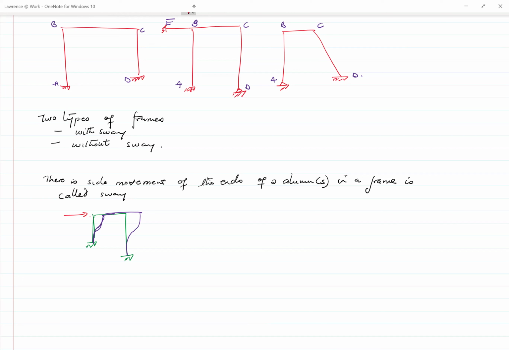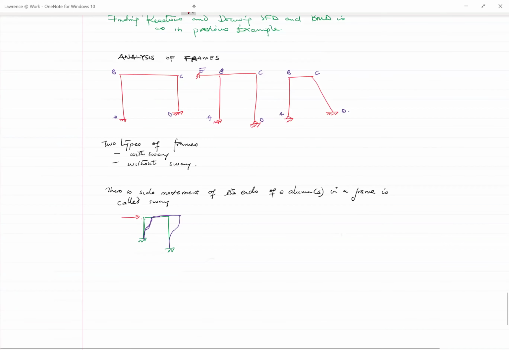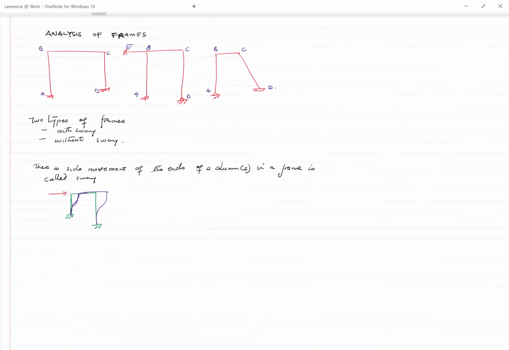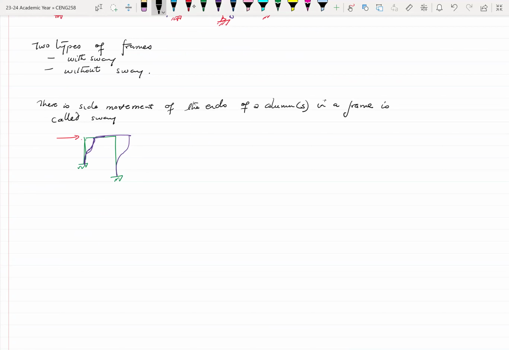Now, well, it's not all structures that when you apply some loads to it, they tend to have that side movement. Okay. And we'll look at the two, the sway and the no sway. All right. So let's start with the non-sway, since we've spoken a little bit about the sway. So non-sway frames.